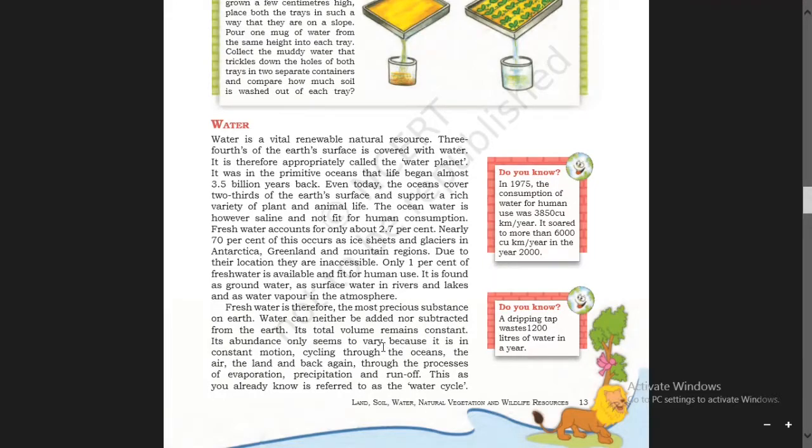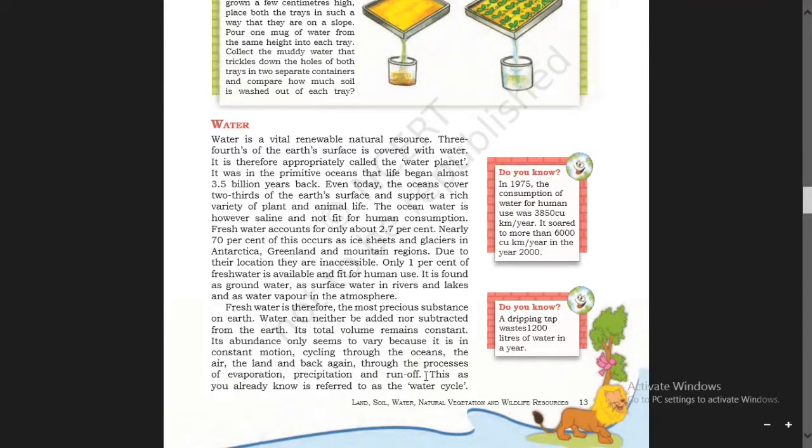Its abundance only seems to vary because it is in constant motion, cycling through the oceans, the air, the land, and back again through the process of evaporation, precipitation, and runoff.